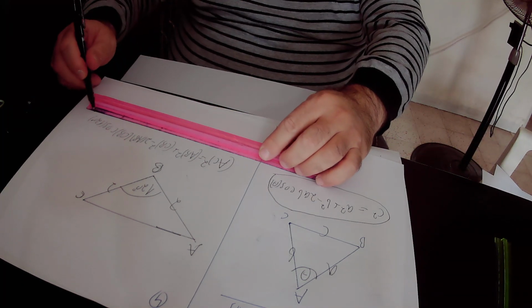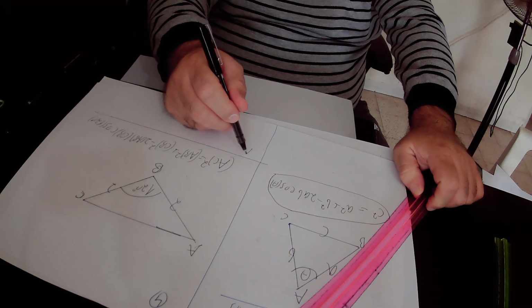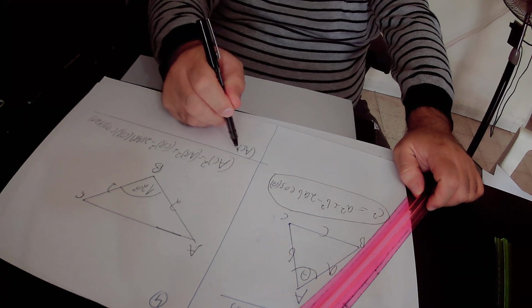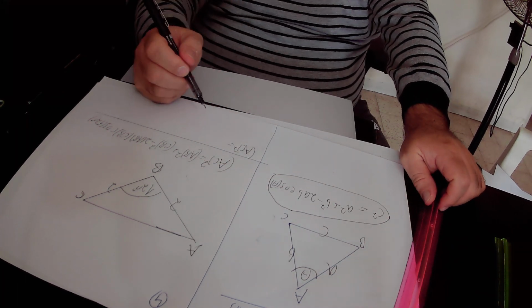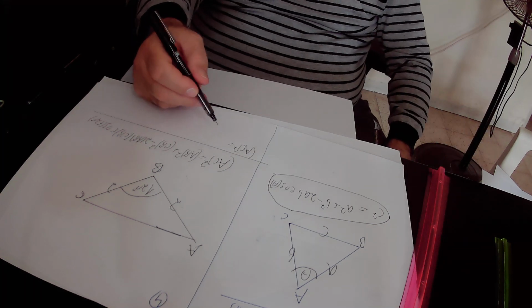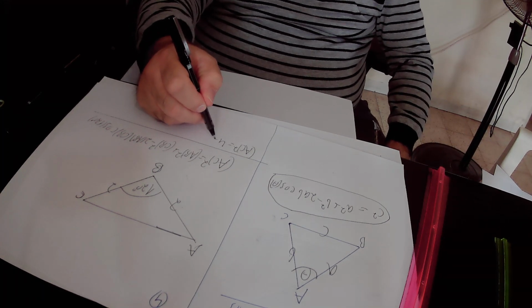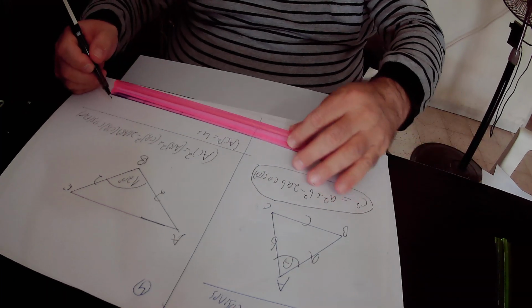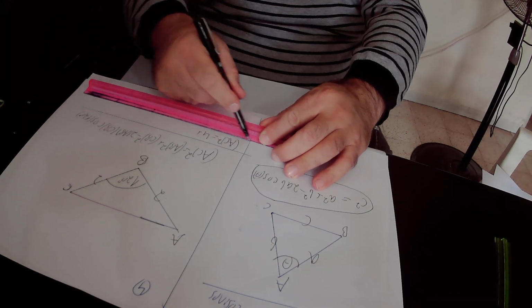So AC squared equals AB squared. AB equals 2 units, therefore AB squared is 2 squared, that is 4, plus CB squared.